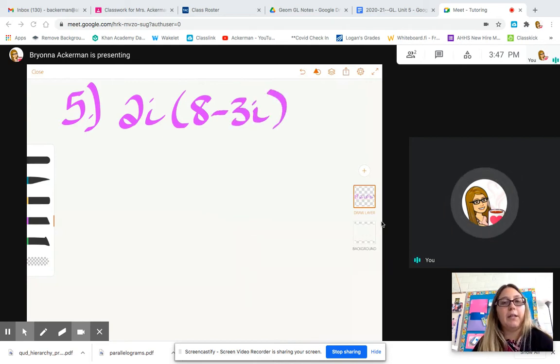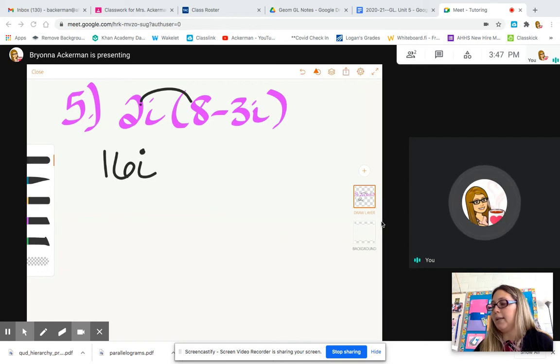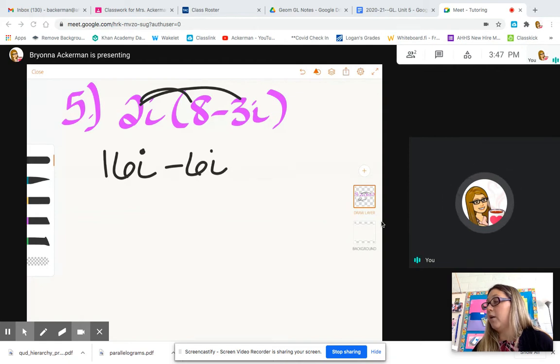What's easier about this is I just have to distribute that 2i into the parenthesis. I can do 2i times 8, so that gives me 16i. And then I could do 2i times a negative 3i. That's going to give me a negative 6i squared.